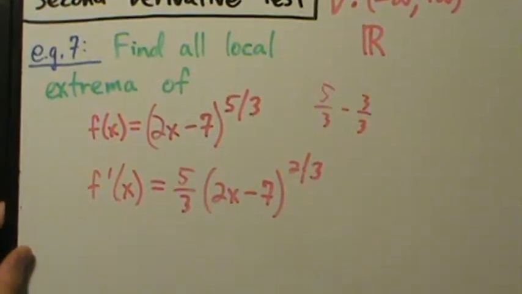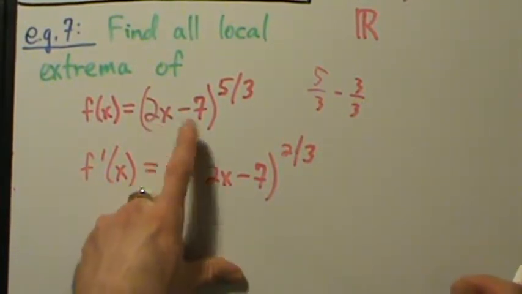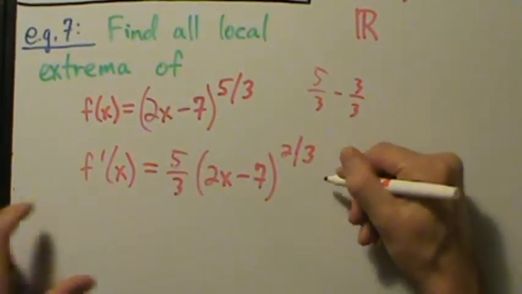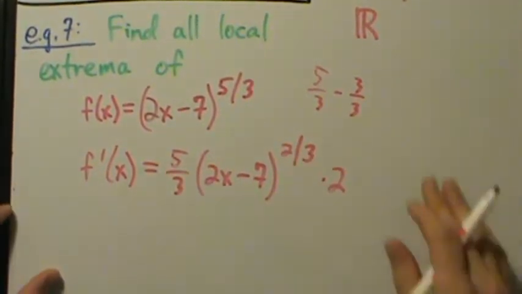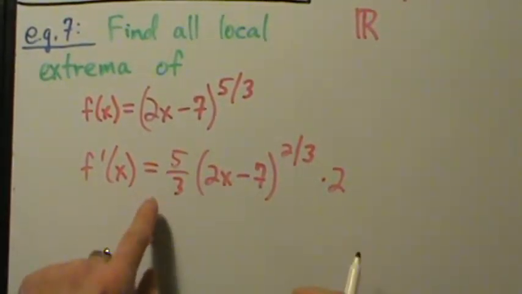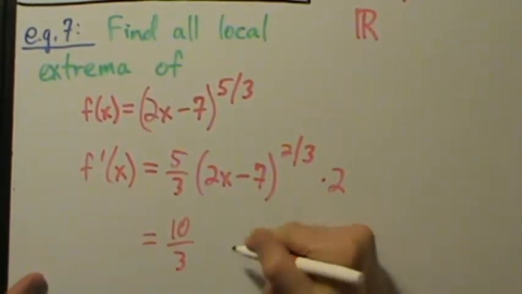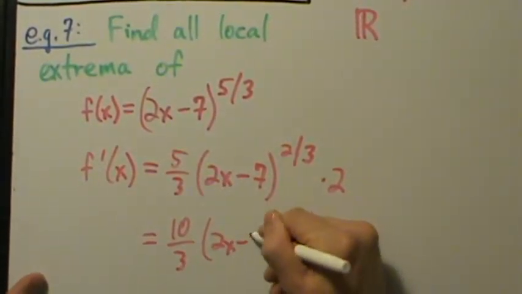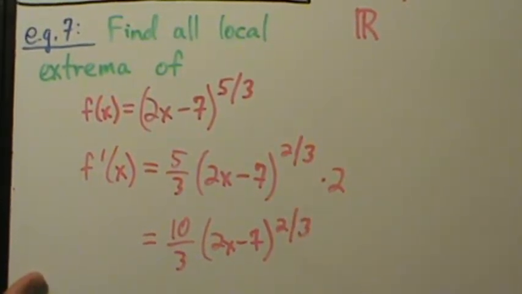Then chain rule says multiply by the derivative of the inside. The derivative of 2x minus 7 is 2. So we multiply all this by 2, and we can simplify that a bit. That's 5/3 times 2, so this is 10/3 times the quantity 2x minus 7 to the 2/3. Okay, so that's our derivative.